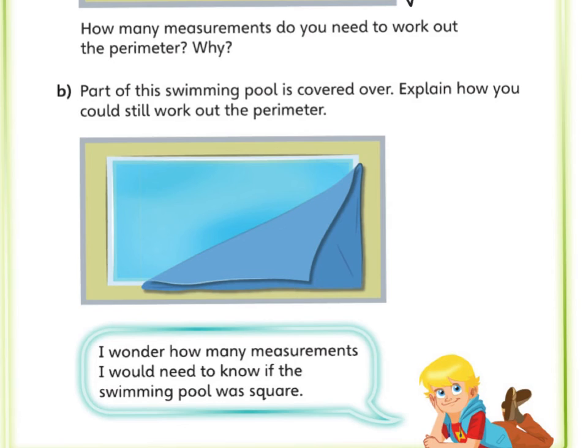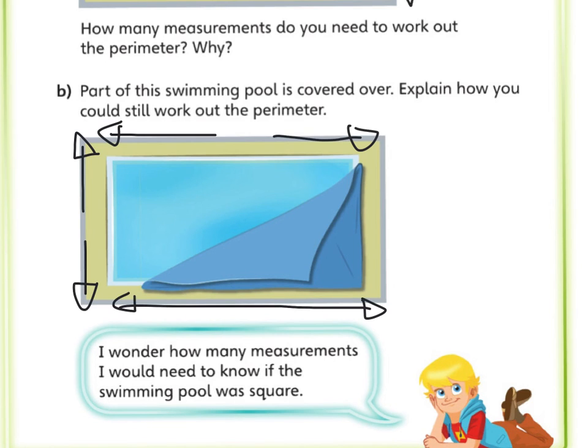Okay, so this swimming pool is a rectangle. So if I knew what measurement this was, and I knew what measurement the width was, I would be able to work out the whole of the perimeter, even if it's covered, because the length here is the same as the length here, and the width here is the same as the width here.